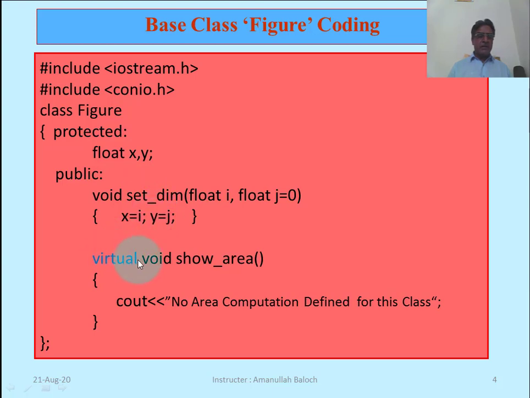We have another function, void showArea. The function name is showArea, the data type is void. This is a virtual function. Here we have only a message, no area computation is defined for this class.